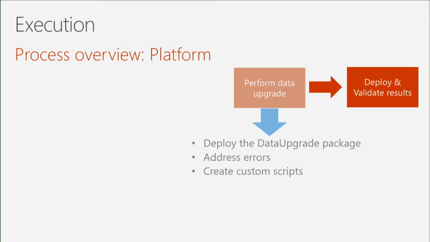You can just jump straight to deploying it in an environment and testing that it works. The reason I have data upgrade grayed out is because it's possible that we could make a change that would affect one of the platform tables where we'd need to run a data upgrade. It's less likely than application, but it's possible.